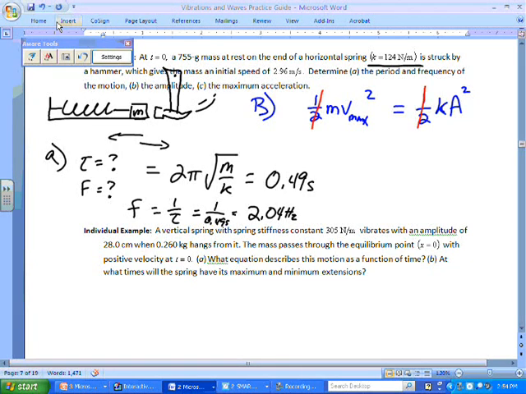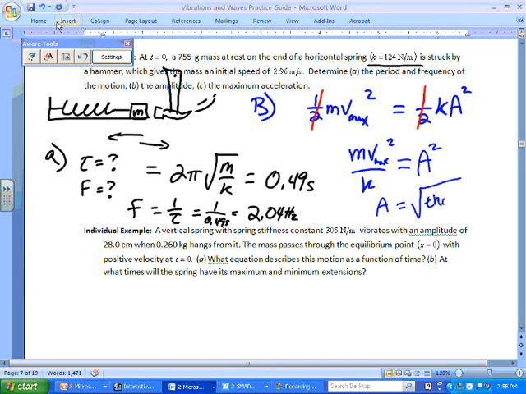We get m v max squared over k is equal to A squared. So A is the square root of that amount. When you plug in your values for m, v max squared, and k, and take the square root, we should get a value of 0.231 meters.